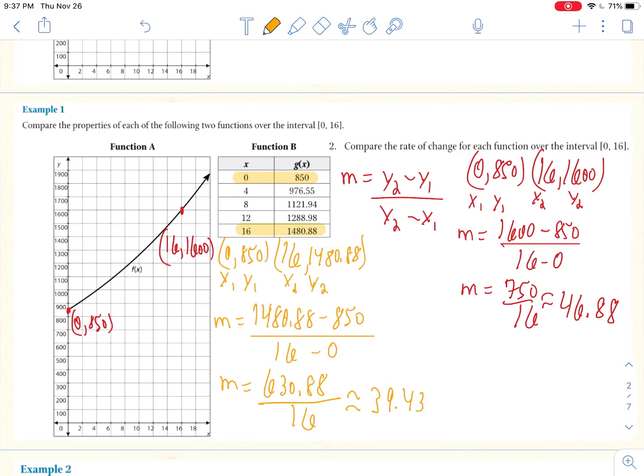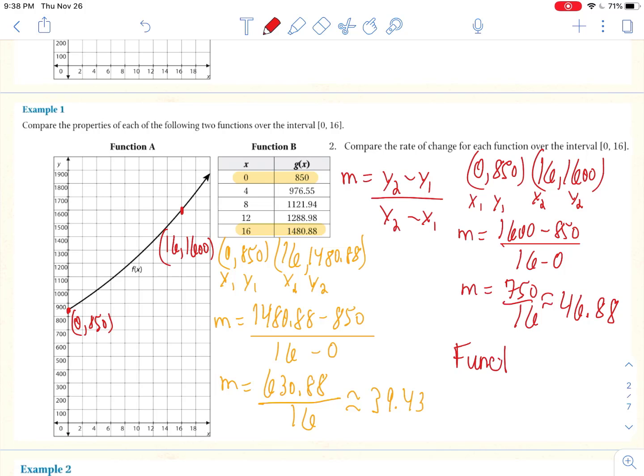If we compare the rate of change of function A to function B, we need to keep in mind our rule. If we did have a negative value, we would have to take the absolute value of that. But for this example, that does not apply, so we can just go ahead and compare these two numbers right away. And we can see in red, that's representing function A, 46.88 is greater than 39.43.